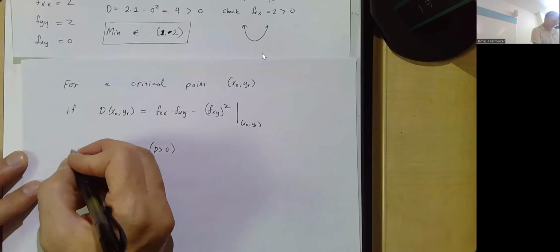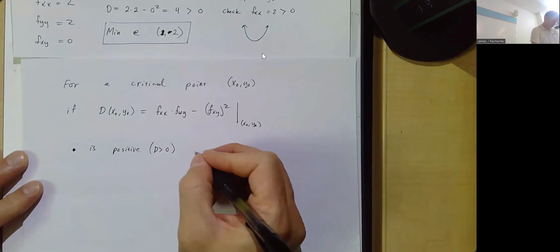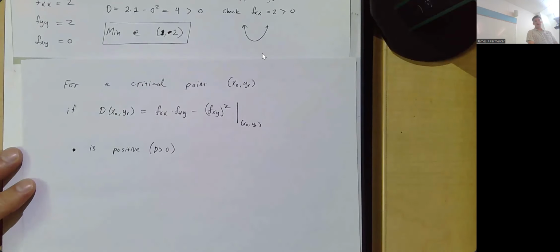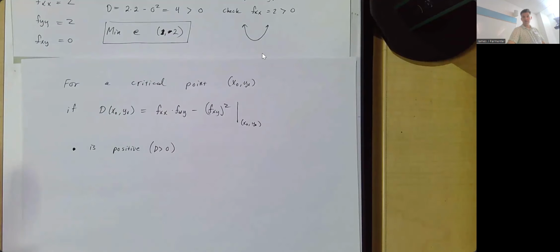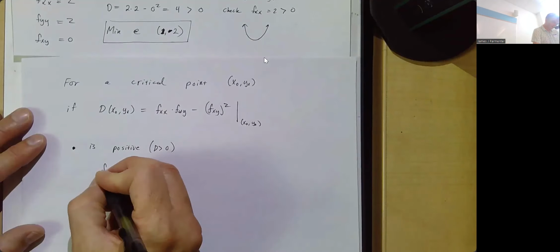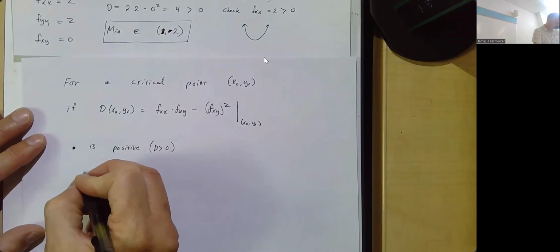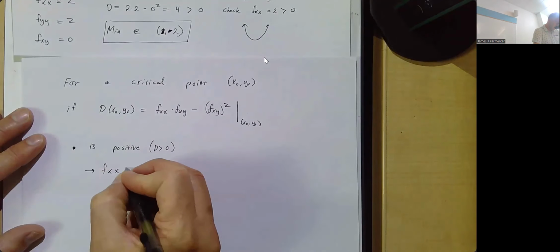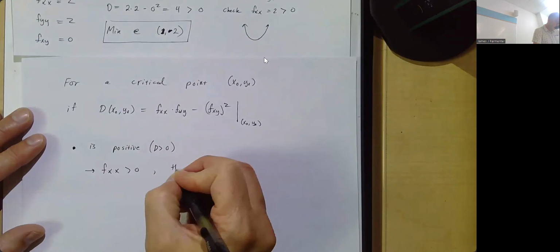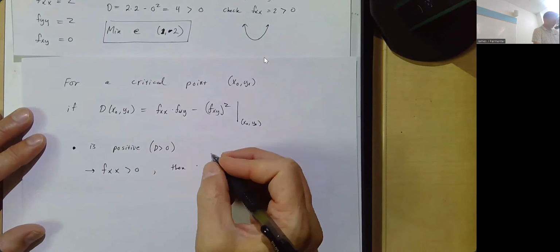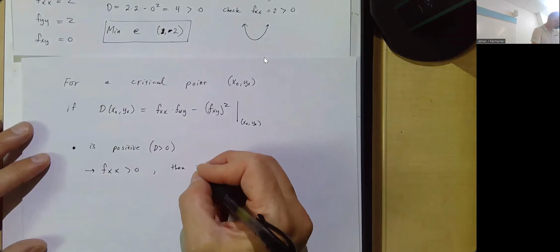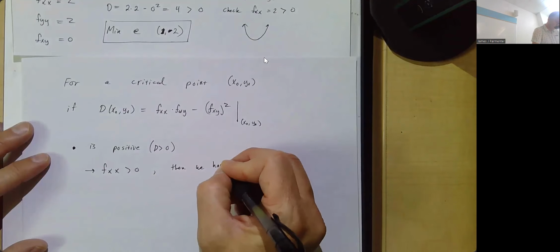So if D is positive, then you have to check one of the second partial derivatives. If fxx is greater than 0, then we have a max. Sorry, oh my gosh, the min, I'm sorry. I said it so confidently and I was like, wait, I'm saying the wrong thing.